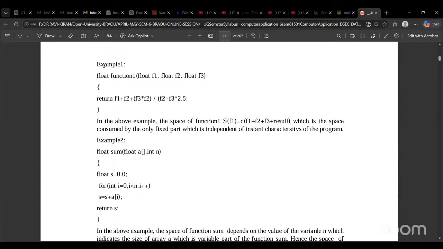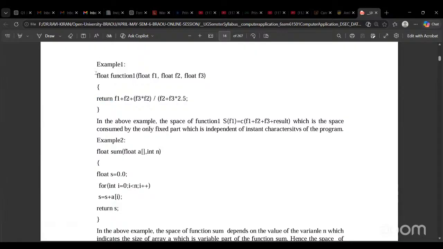Now, here is an example: a data type float and a function with variables f1, f2 and f3, having the boundary condition, open and closed, a block, and a return which returns this calculation. After calculating this part, it will return the value.